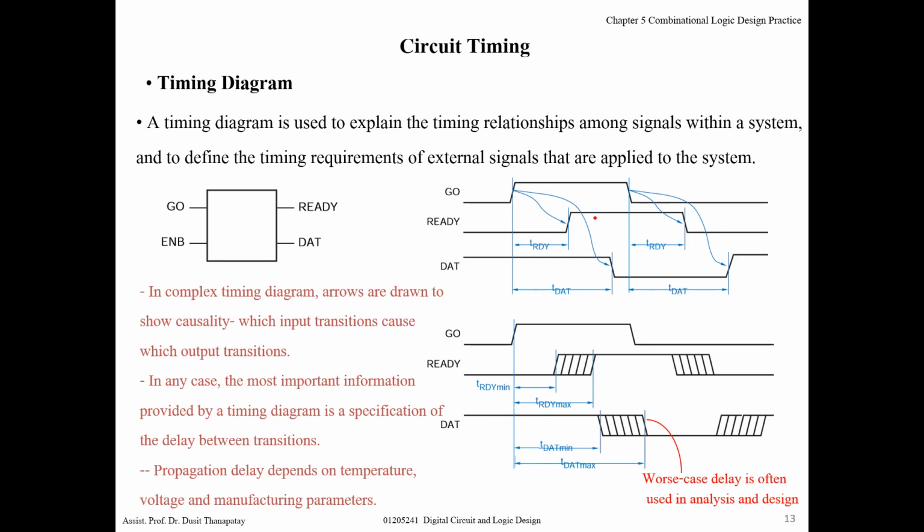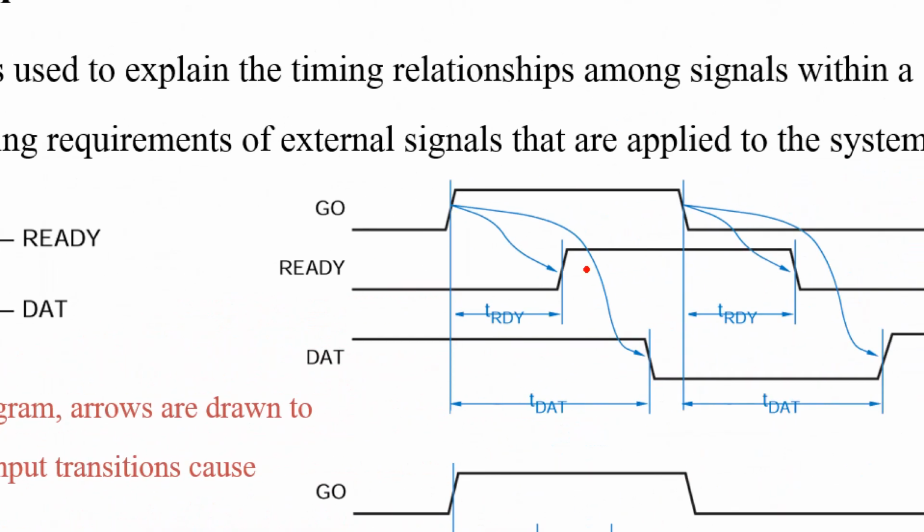So when ready is active and go is active, then maybe this circuit does something and makes the data change. We write to show that the change is from this change.